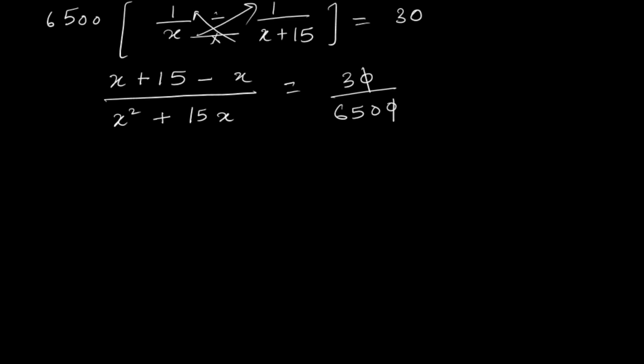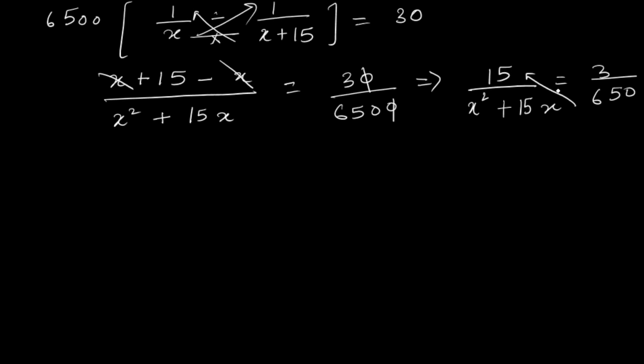So the zero will get cancelled, and here x and minus x will get cancelled. So we are left with 15 by x square plus 15x is equal to 3 by 650.